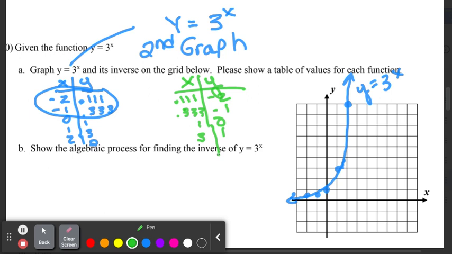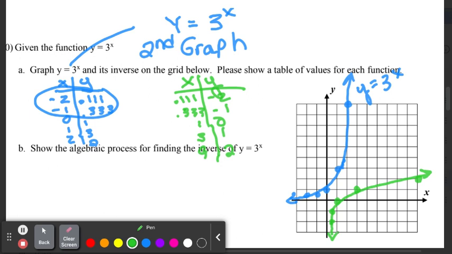Sorry about that terrible table. So we've got 0.111. Again, just really small points. And remember, both sides get arrows.